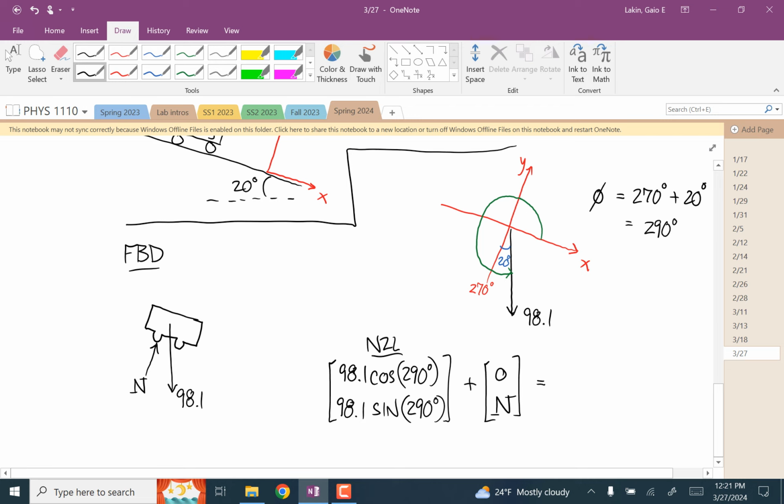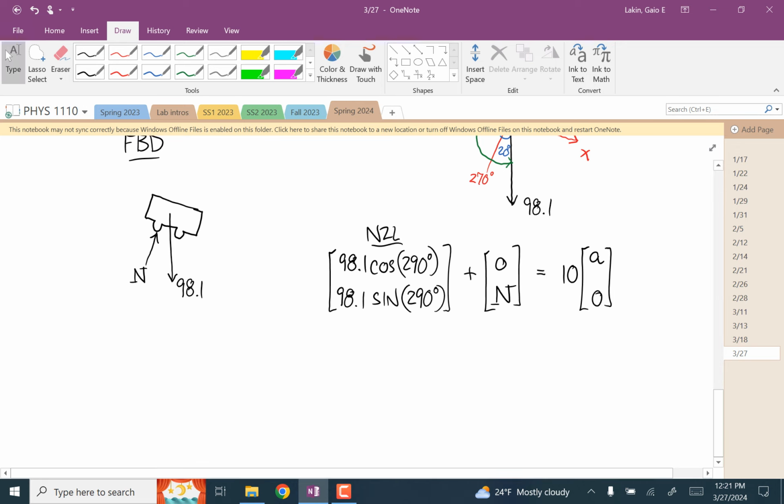And then these are equal to the mass, 10, times the acceleration. And the acceleration we'll write as a, 0. Okay, 98.1.